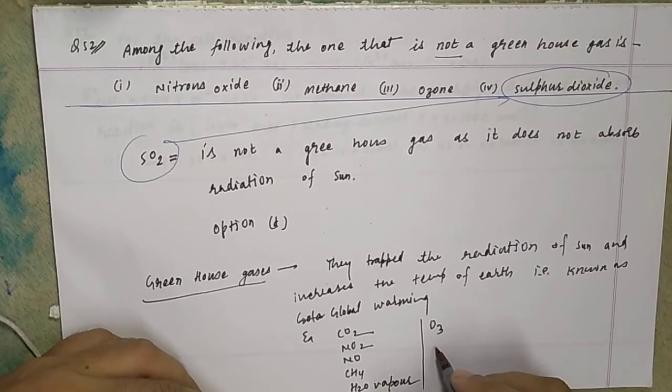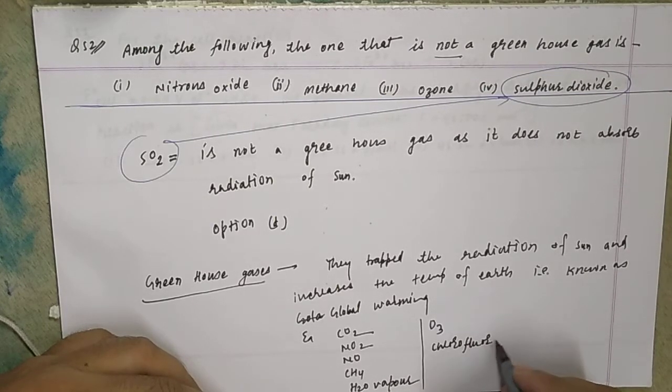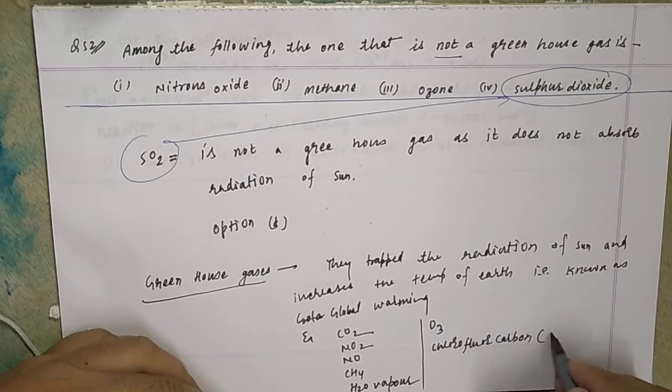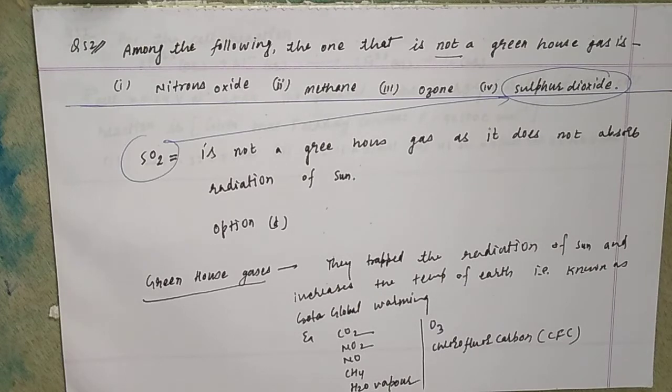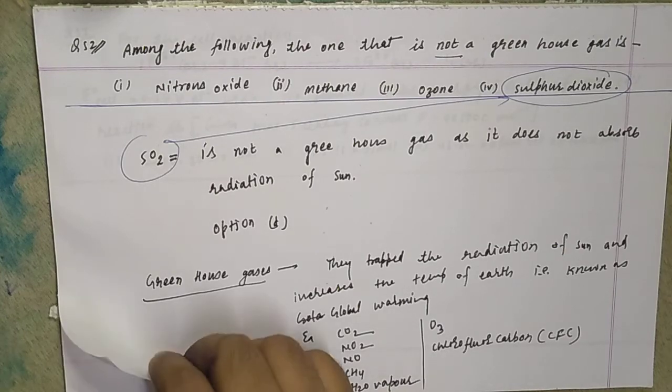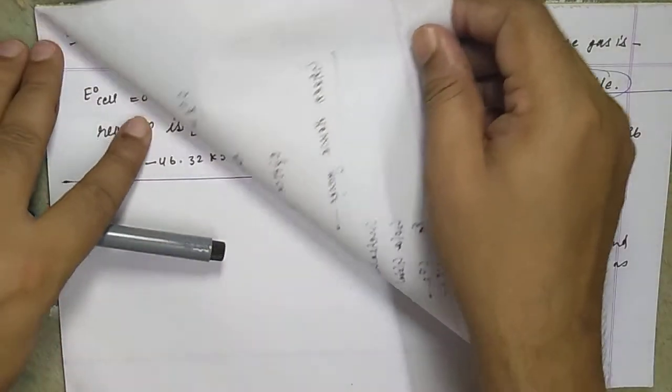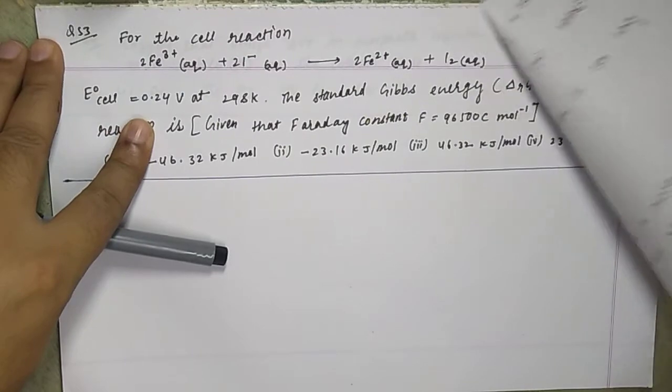Ozone is there, chlorofluorocarbon is there, that is also known as CFC. So these are the greenhouse gases. They trap the infrared radiation of the sun and increase the temperature of the earth, that is known as what? Global warming.